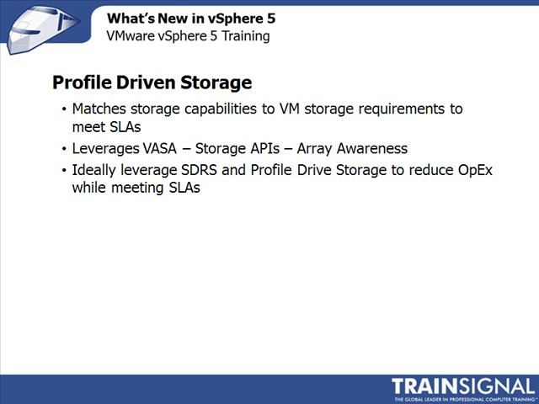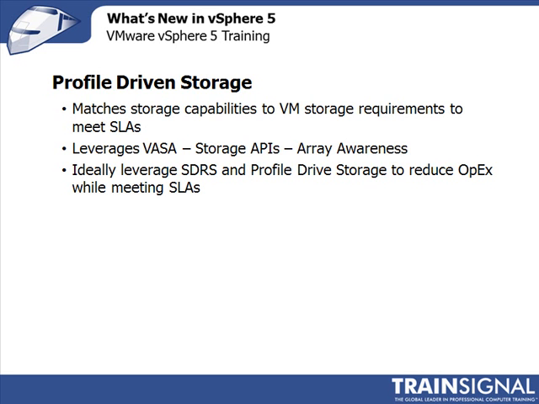Now, because VASA is a relatively new storage API, and because a lot of storage vendors probably haven't written any APIs to it, you can manually tag each data store. So after you create a data store, you can go to that data store and say SSD or say SAS.